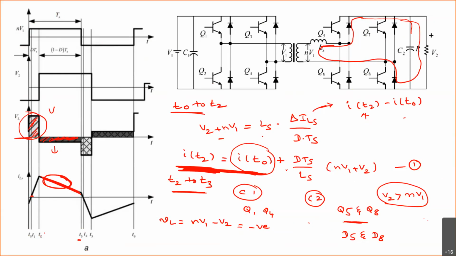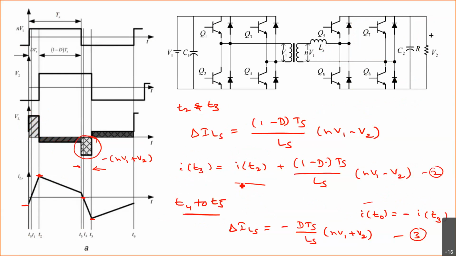Under this case, this is the expression for the inductor current, and this is the inductor voltage, which is equal to NV1 minus V2. The operating modes are similar for the second off cycle, which goes from T3 to T4, T4 to T5, and T5 to T6.